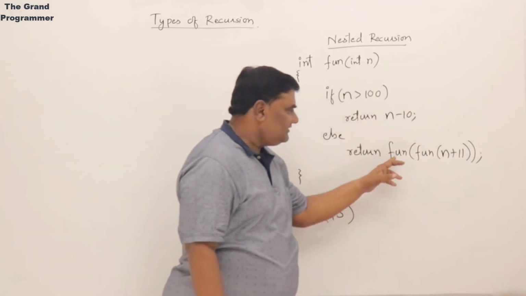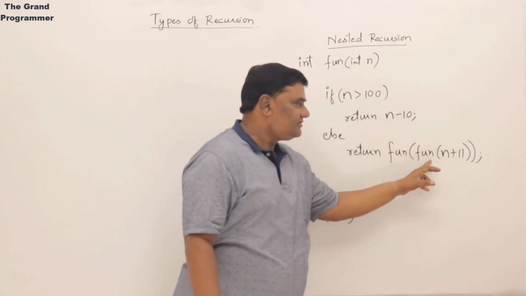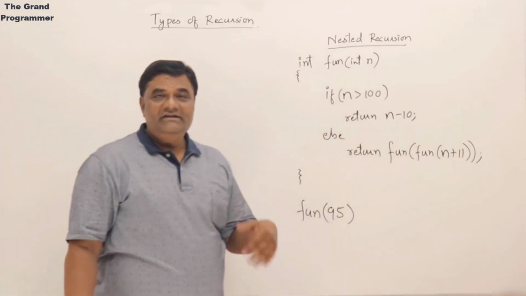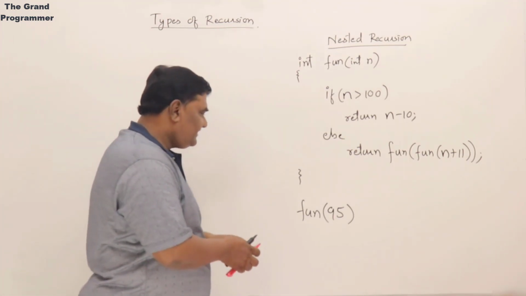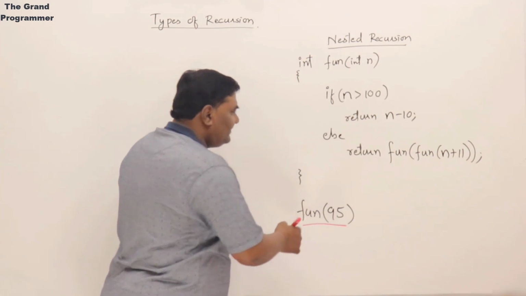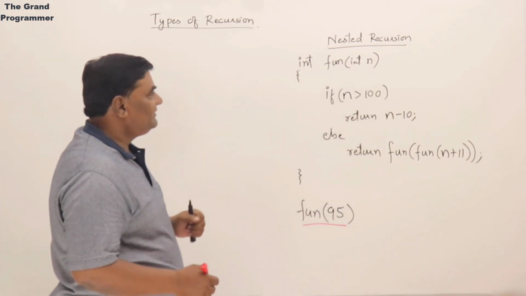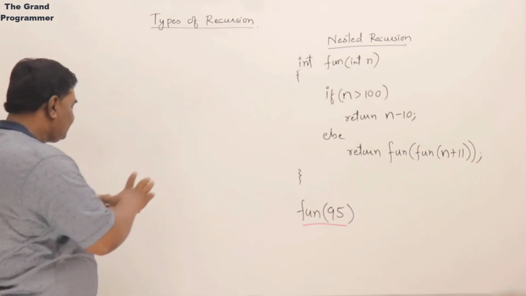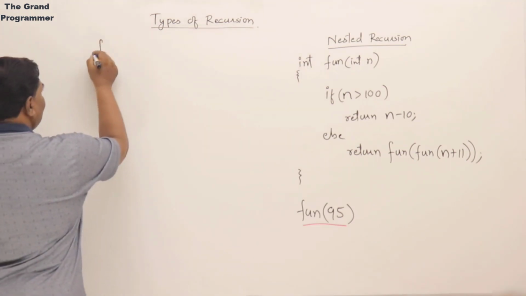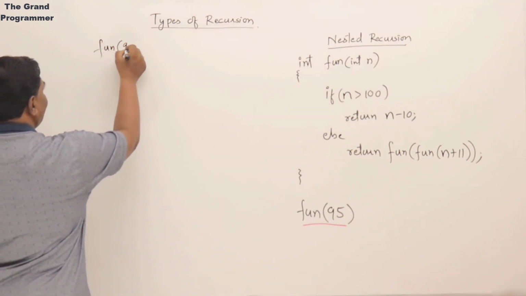So the function call is again taking a parameter as a function call with some increased value of n. For tracing this, I will take the value 95 and let us try 95 on this one. So I will trace this function for this value. Let us start. First, function call fun of 95.